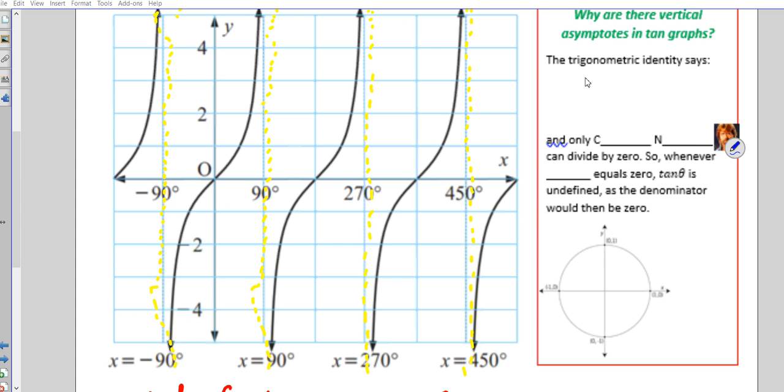It's not the Pythagorean one. Good, yeah, sine theta over cos theta. So the trig identity is tan theta equals sine theta over cos theta. This is why we have asymptotes. Asymptotes are regions where the function can't exist.